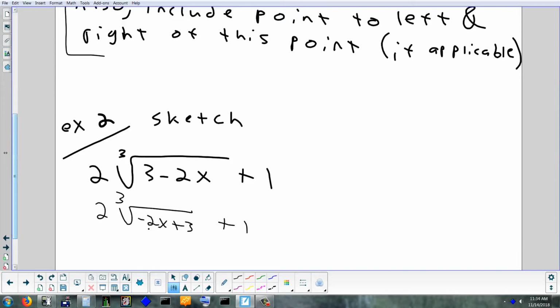So there's 1, 2, 3, 4, 5 transformations. That problem almost has every single thing in it you could have. The only thing it didn't have is a negative out in front. All right. So I just want to make sure we're okay with that. Any questions on the transformations I listed?